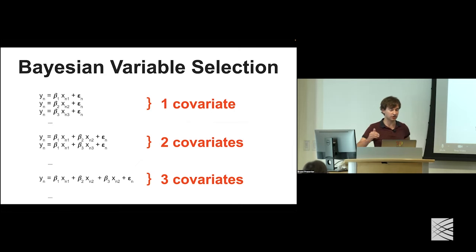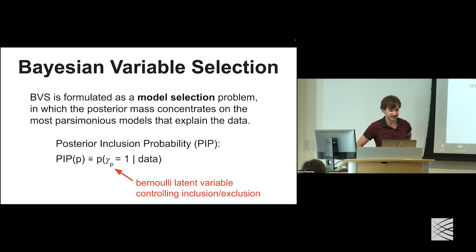You can imagine this large space of models, including models where only one covariate is turned on, models where two covariates are turned on, models where three covariates are on, and so on and so forth. We explicitly reason about this model space and try to find parsimonious models that only use a small number of covariates to explain the response y. This ends up being formulated as a model selection problem, and we get a posterior distribution in the typical Bayesian manner, and the posterior mass ends up concentrating on the most parsimonious models that also explain the data.